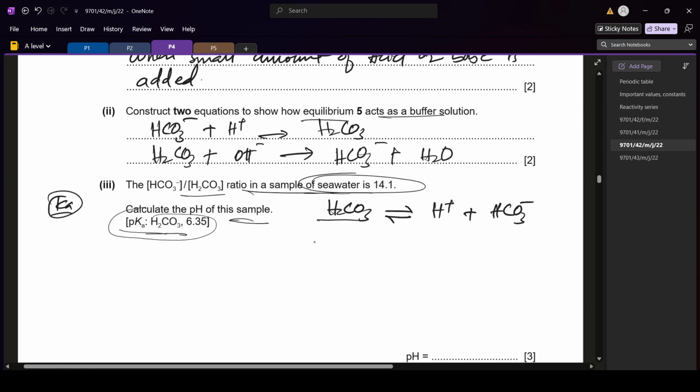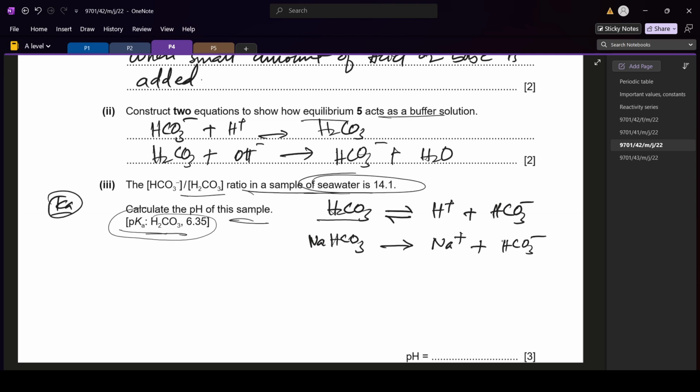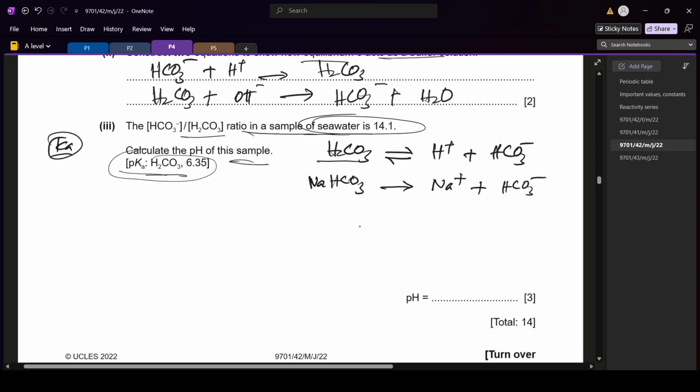So let's say we form a salt, sodium hydrogen carbonate. When this decomposes, it will form sodium ions plus hydrogen carbonate ions. The expression for Ka is the concentration of H plus ions times the concentration of hydrogen carbonate ions, divided by the concentration of acid.